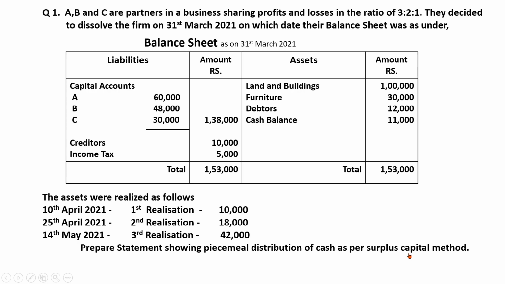Okay, this surplus capital method is only useful for the repayment of capital. Okay, it has no relevance in the payment of third party liabilities. For the payment of third party liability, we have to follow a certain order. Okay, but when the question arises about the repayment of capital, we need to prepare a statement showing surplus capital.